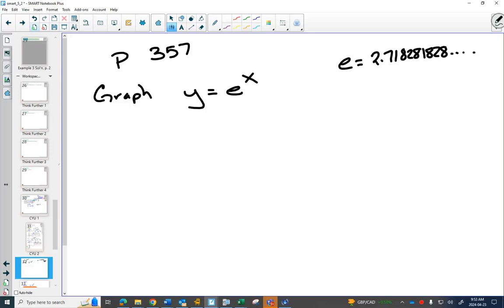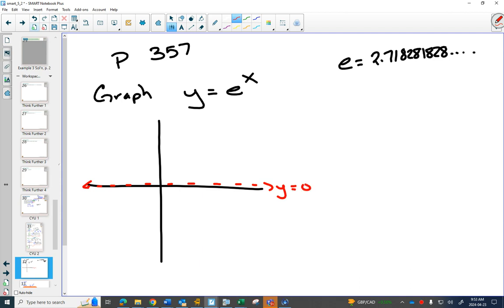And so, what does this graph look like? Well, the same as every single other exponential graph. It's going to have y equals 0. It's going to have the point 0, 1. And it's going to have the point 1, e.